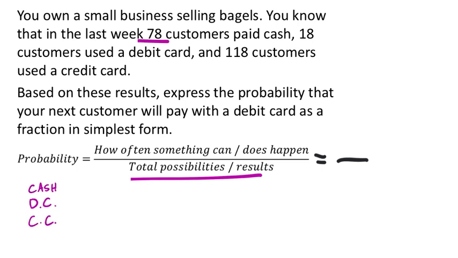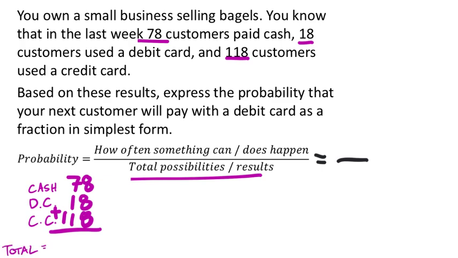Okay, so cash, we can see that there were 78 people that paid with cash, 18 with a debit card, and then 118 with a credit card. So all I'm going to do is take these and add them together to see how many total customers have gone through.